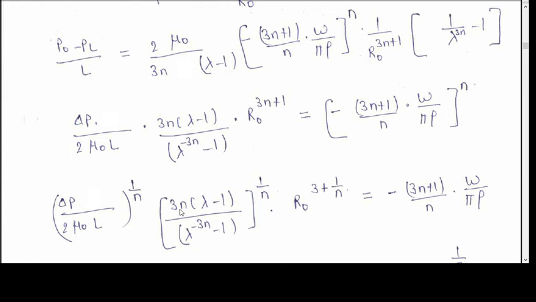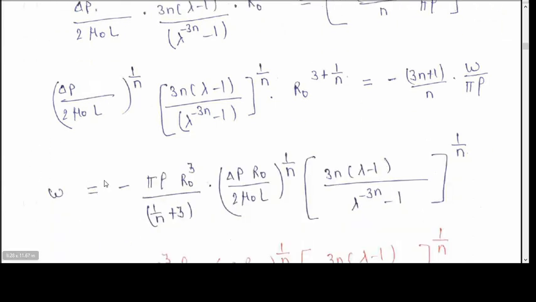So we get delta P upon 2 mu naught L to the power 1 by n, (3n (lambda minus 1) divided by (lambda to the power minus 3n minus 1)) whole to the power 1 by n, multiplied by r0 to the power (3 plus 1 by n minus (3n plus 1) divided by n), W upon pi rho.